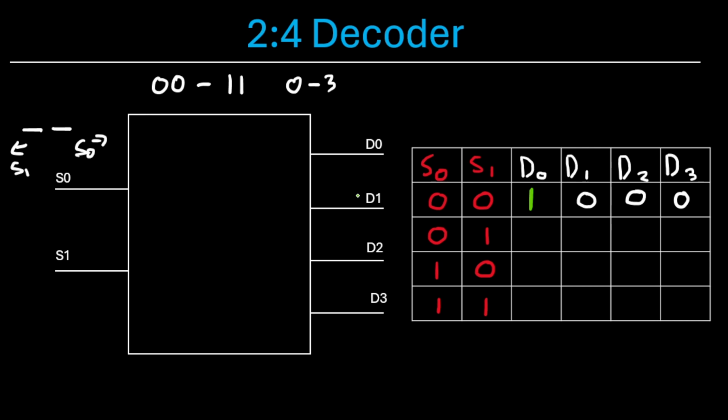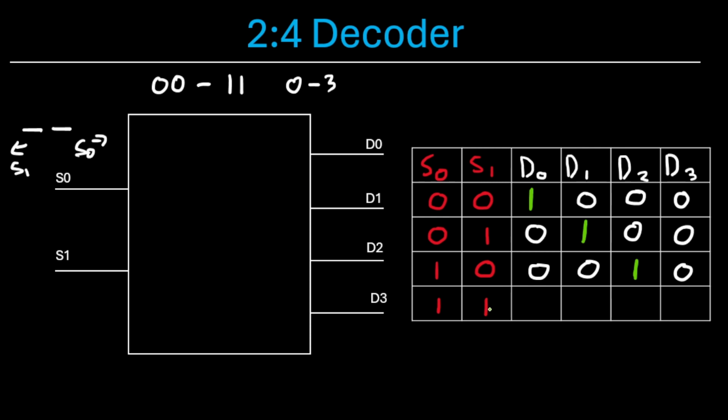So moving on, if we input 0, 1, or 1 in binary, our decimal 1 pin will be on because we're representing 1 in decimal, and all the other decimal outputs will be 0. Now if we input 1, 0, or 2 in binary, our D2 pin will be on, and all the other pins will be off.